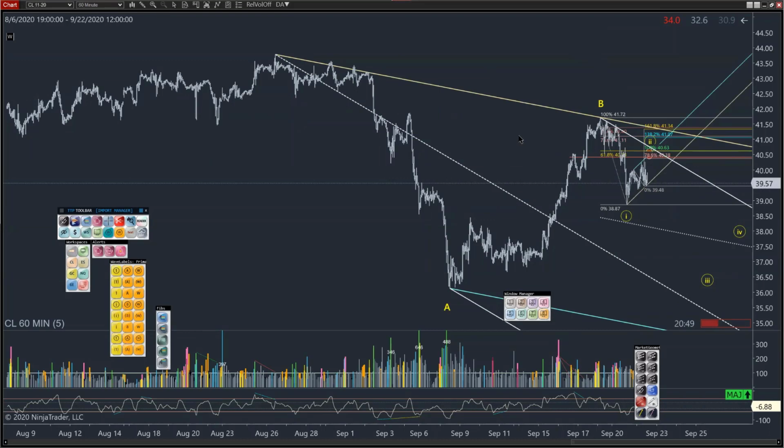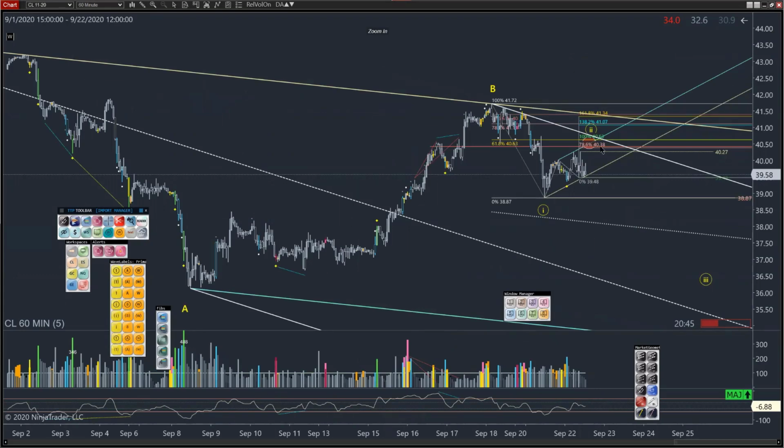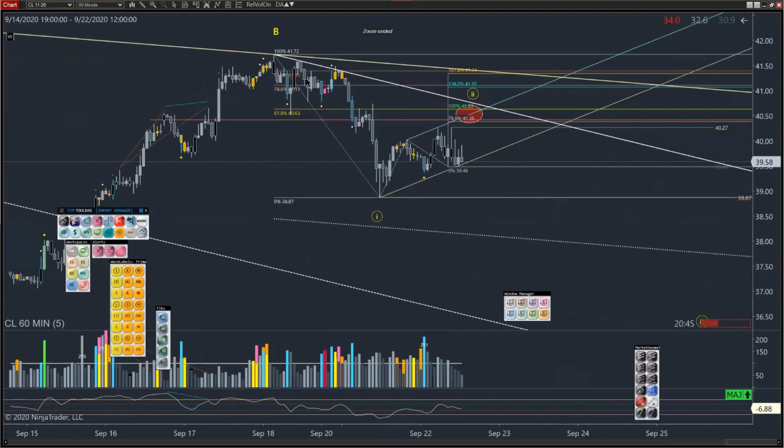So the fact that this lower down sloping upper median line is lining up with these lower highs here, that's a pretty good indication that if we were to come back into it, I was about to say it's a pretty good indication that we will come back into it, but that's not a true statement necessarily.